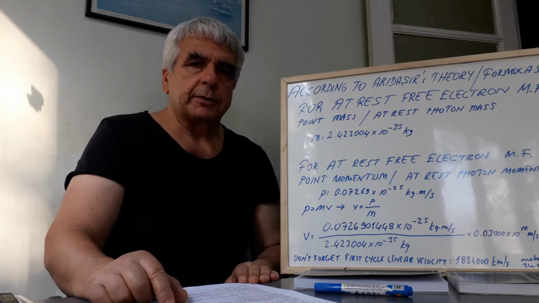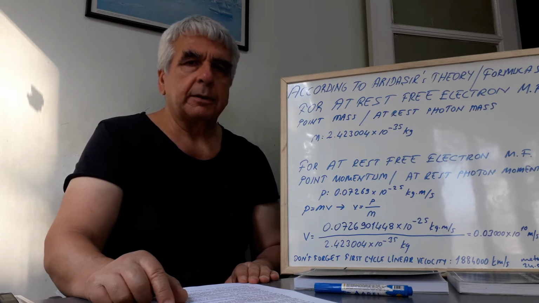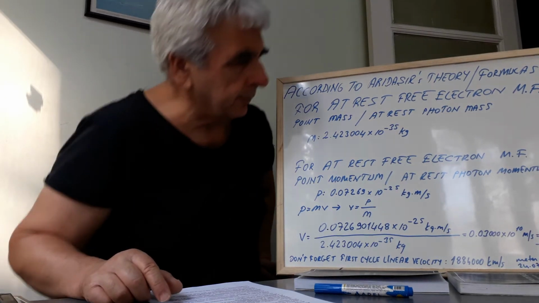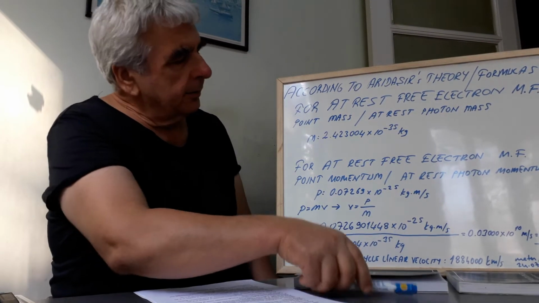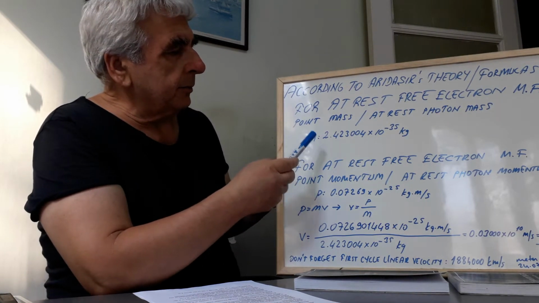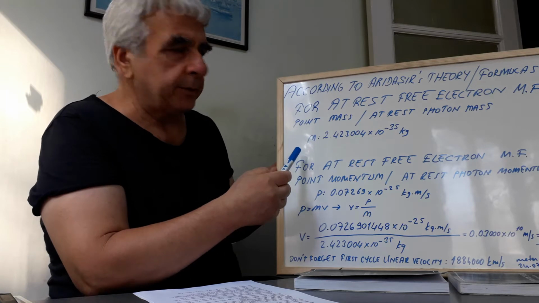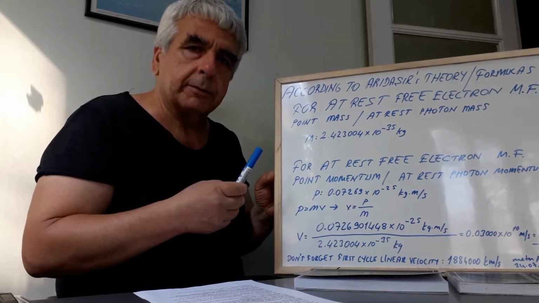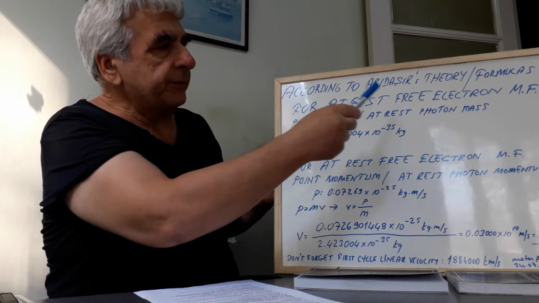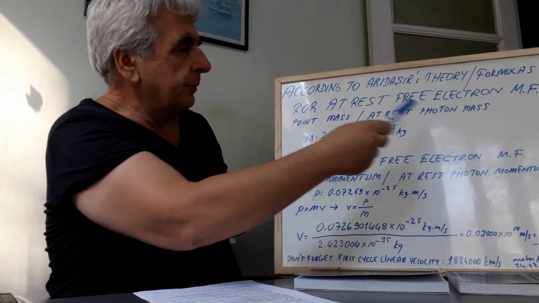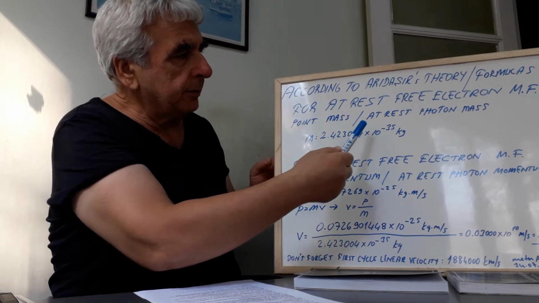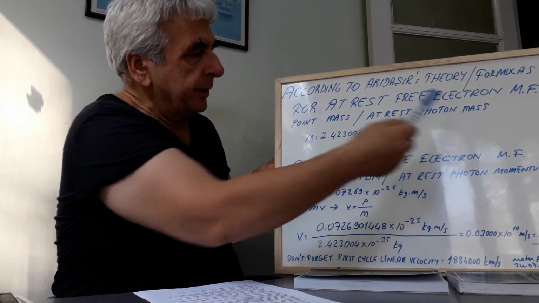I have just computed and derived from my former computation, according to my theory and formulas, for at rest free electron motion forms, point mass or at rest photon mass.